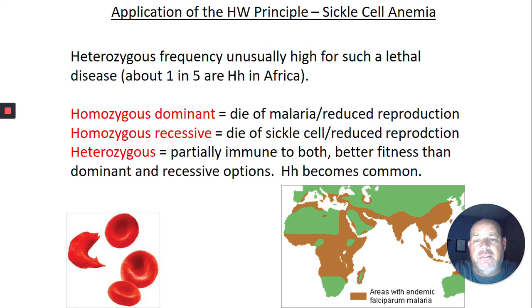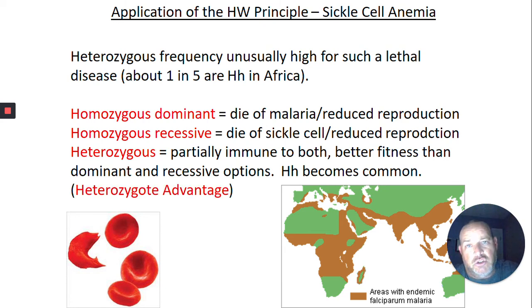If you have partial sickle cell because you have the little h, you might get malaria, you might get a little sick, but generally you don't die from it because you have enough sickle cells that the malaria doesn't like, and so you don't get as sick as other people. And so big H, little h becomes more common over there, and it's what's called the heterozygote advantage, where it's an advantage to be the heterozygous one. So pretty interesting thing over there, and how that all works.